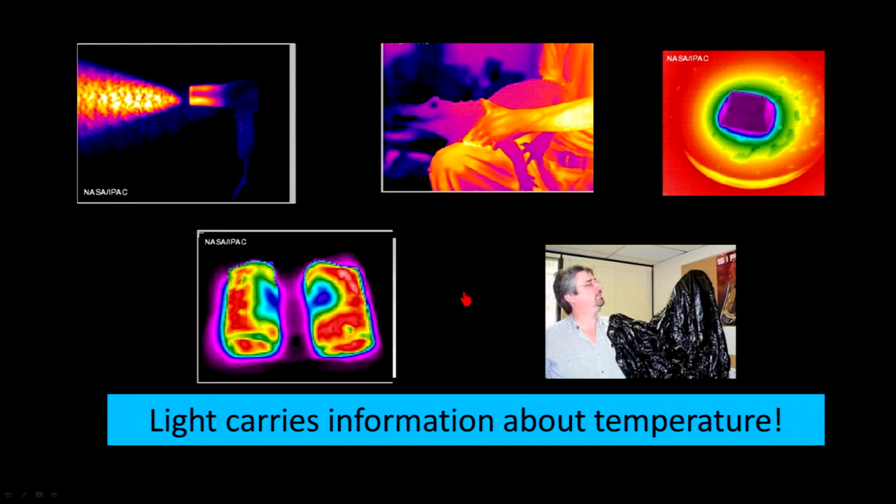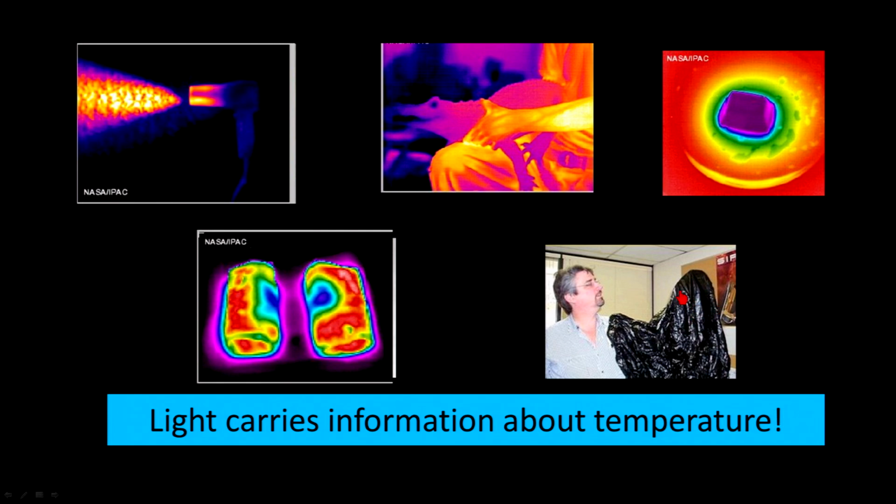Now this last one I want to show you looks a little strange, but there's a very good reason, and this is really the most important of all the 5 pictures. What you have here is a man who is holding his arm inside of an ordinary garden trash bag. So these are those green trash bags that you would use in your backyard. The purpose of this picture is to show you that you can't see anything through the trash bag. He's clearly holding up his arm and his hand, but visible light will not pass through the trash bag.